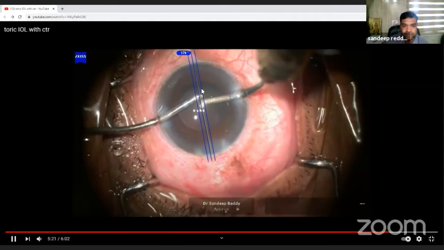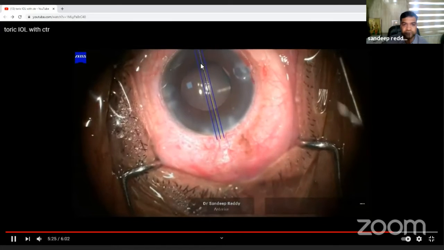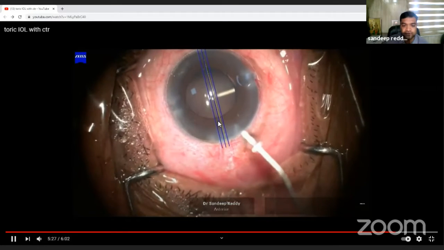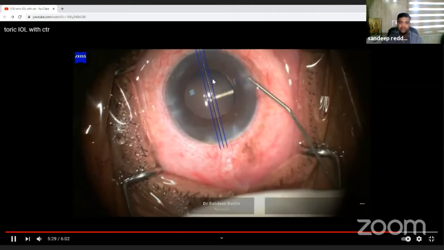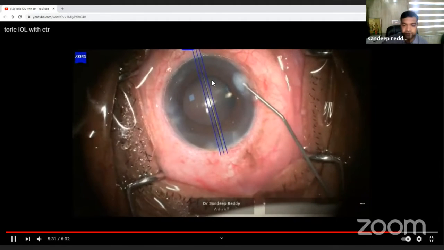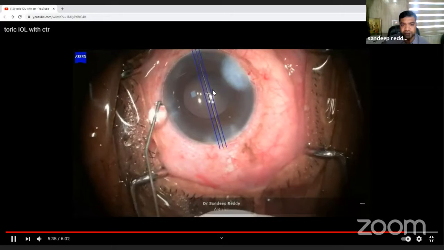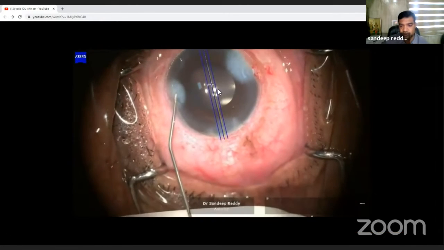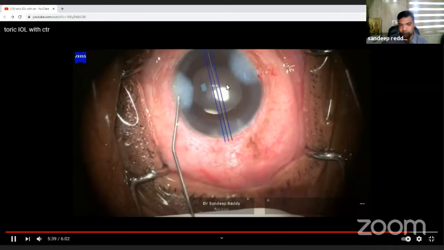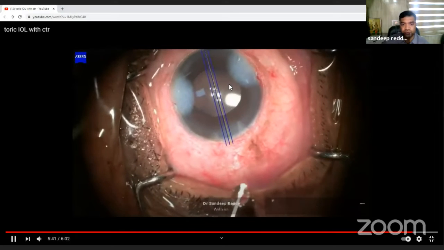And you can see clearly that these marks are exactly oriented parallel. Once we are finished with the lens implantation and orientation, we have to do a slow hydration procedure so that the lens does not rotate.